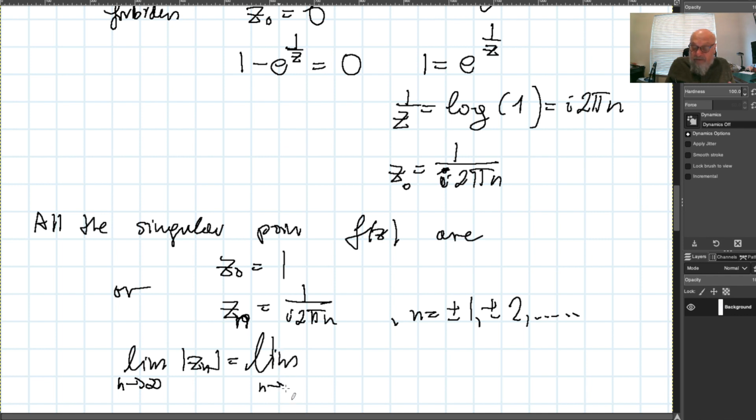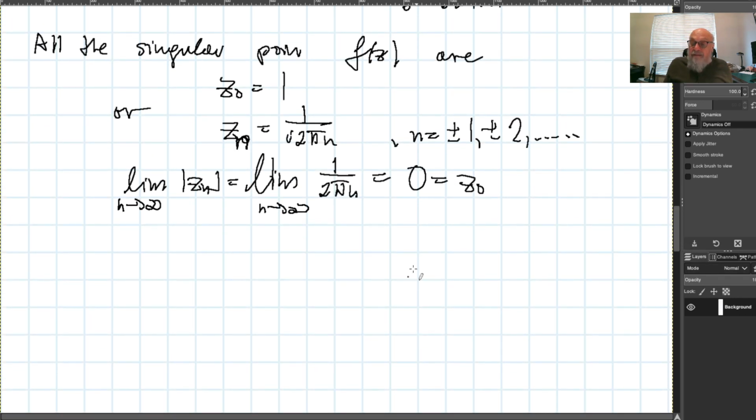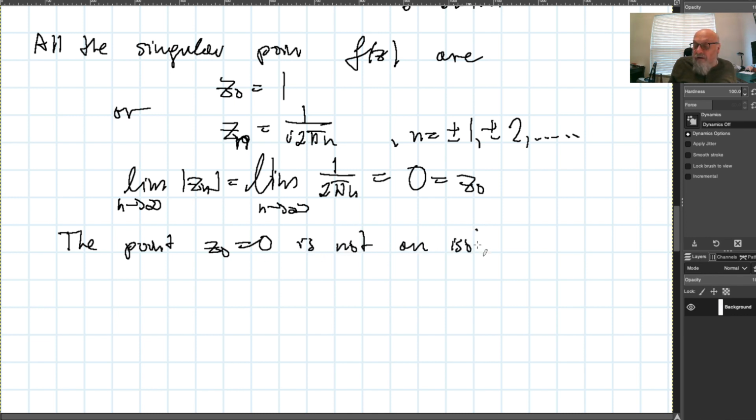Limit as n goes to infinity of 1 divided by 2 pi n, which is 0. So that means this is my z0. So z0 is a limit point, which means the point z0 equals 0 is not an isolated singular point of f of z.